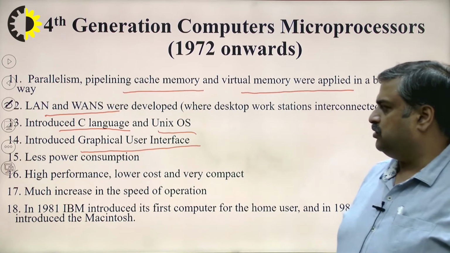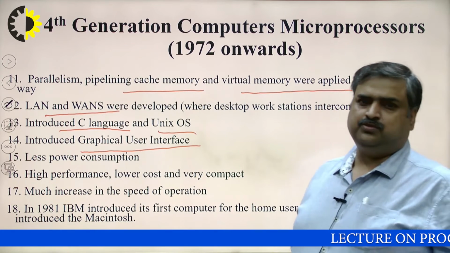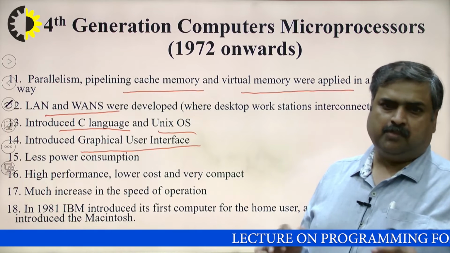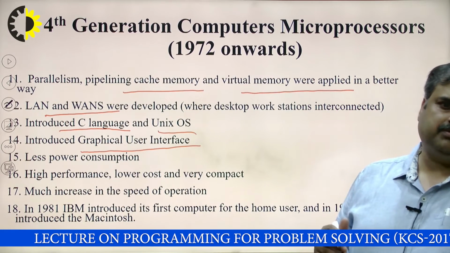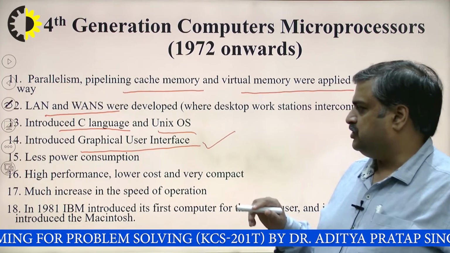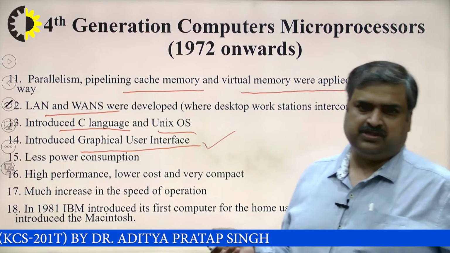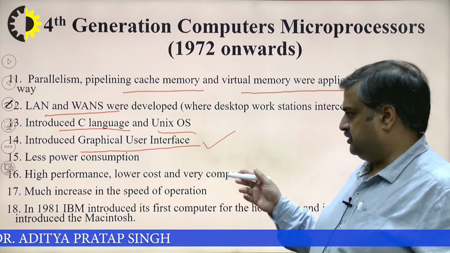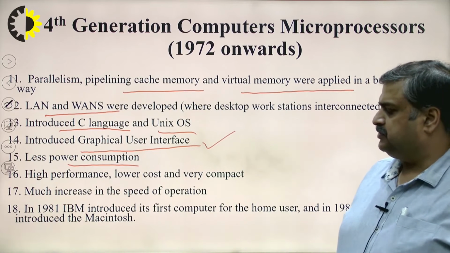GUI interface is also created, because in the beginning computers were used like we use our command prompt, a black screen with some white text. That kind of work initially was done, but here in this 4th era, GUI has been introduced, which you see on Windows machines, Linux machines, Mac OS. Power consumption has been reduced.